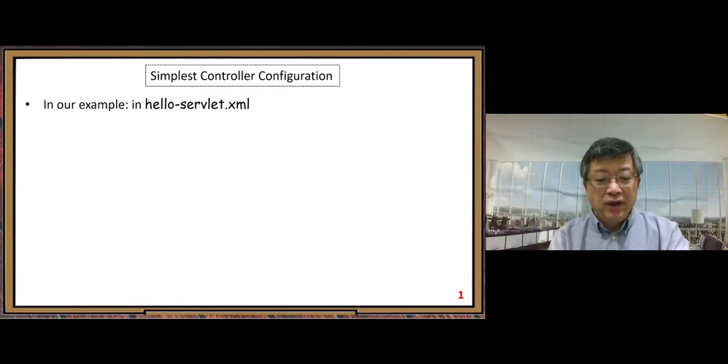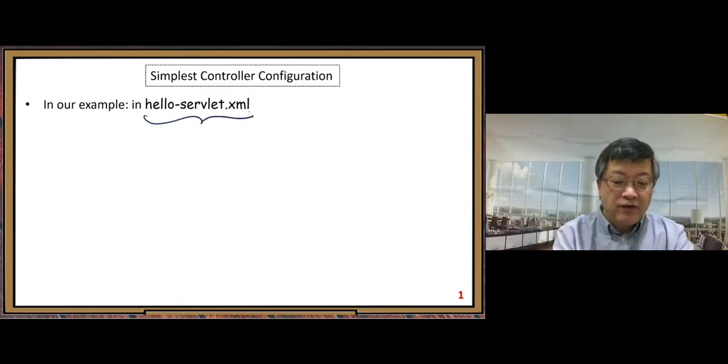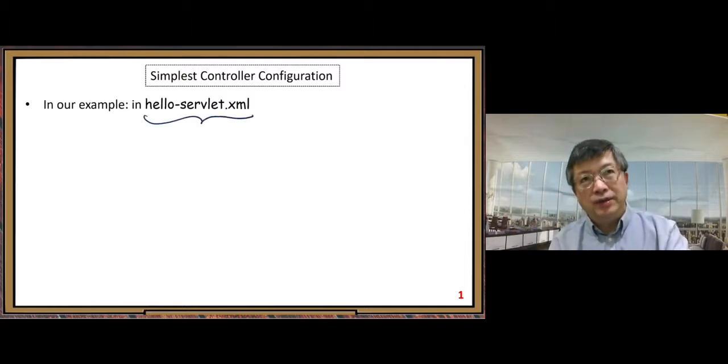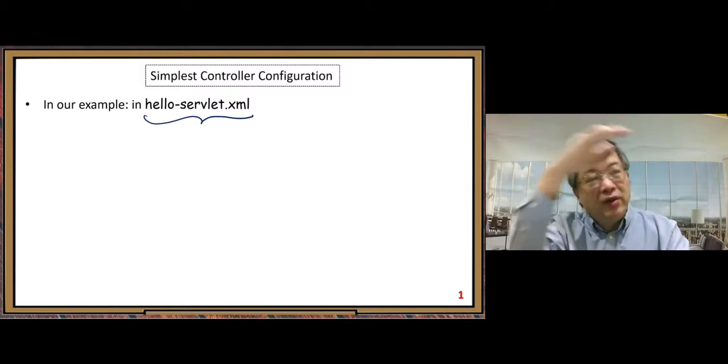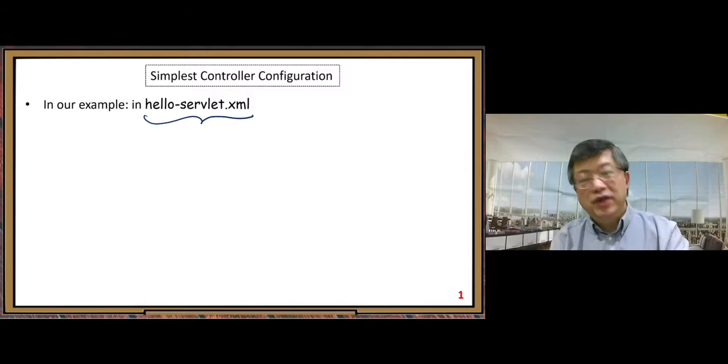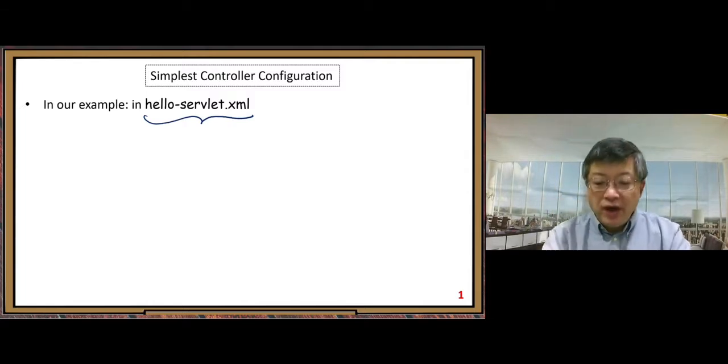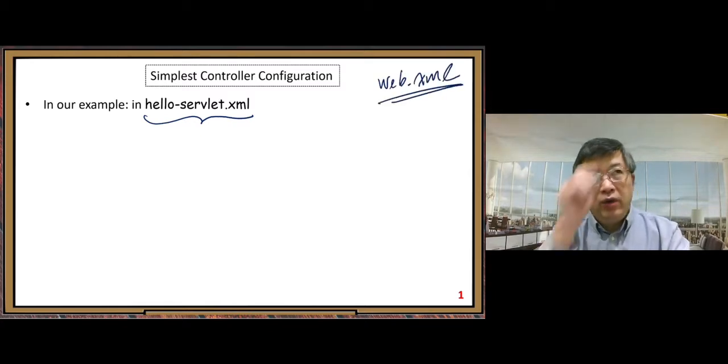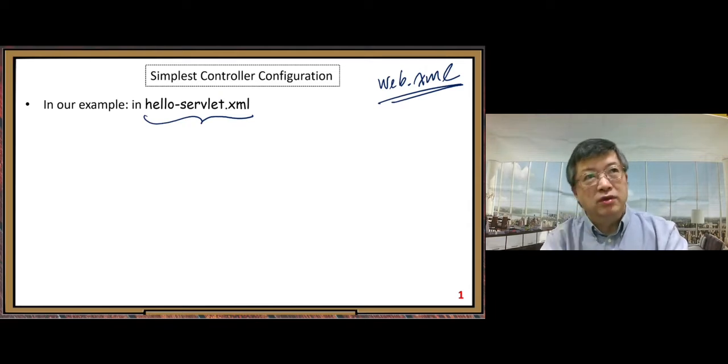First, we know this is the configuration file we are talking about, related to the Spring resources. In this file, we configure Spring resources. We have another file, web.xml. In that file, we only configure the front controller.